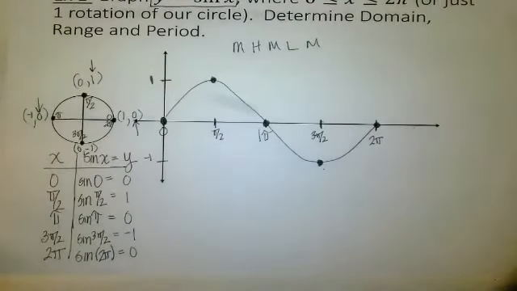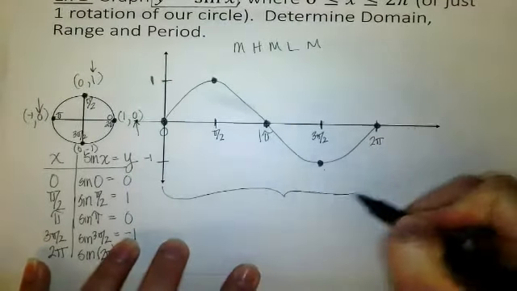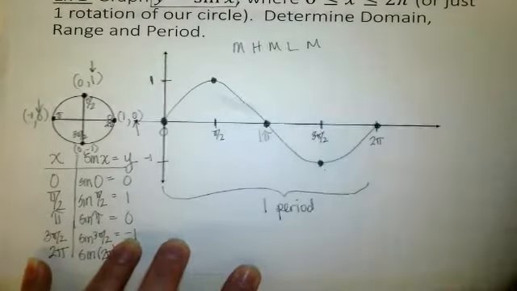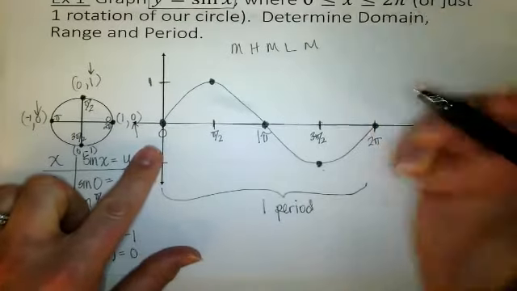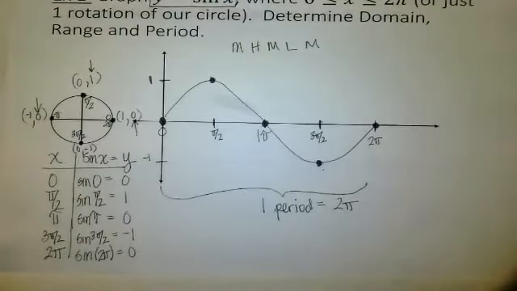So because it just repeats itself, we are interested in one period. This represents one period. From 0 to 2 pi, the period is a length of 2 pi radians.